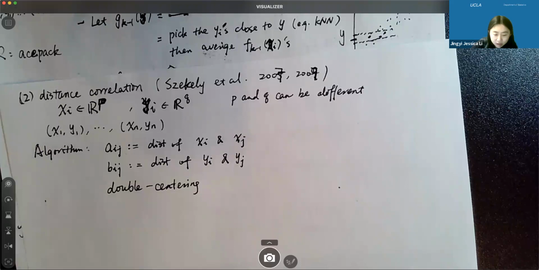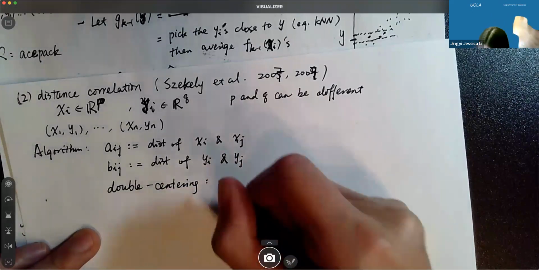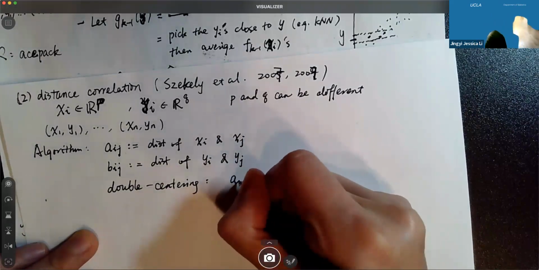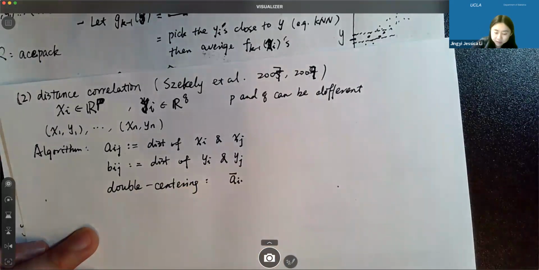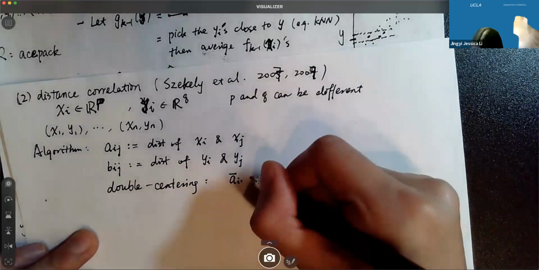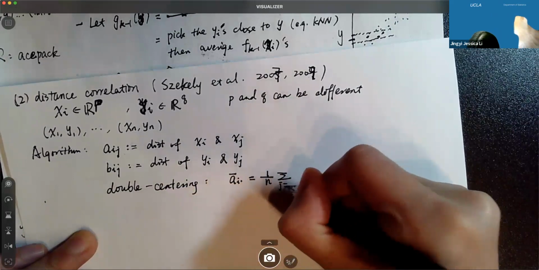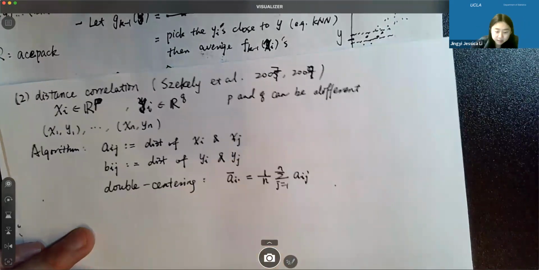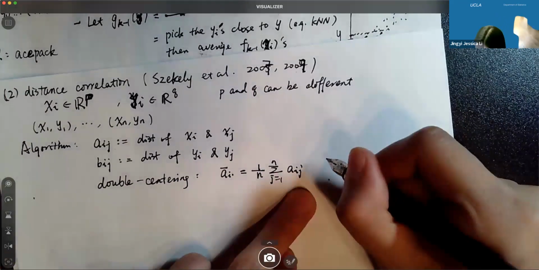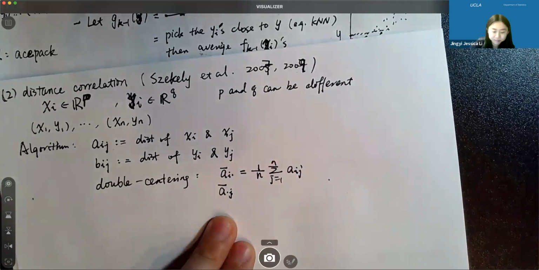To do that, we need to define the row average. We first define a i-dot bar, which means we keep i fixed and take the average over j's. Similarly, we define a dot-j bar.